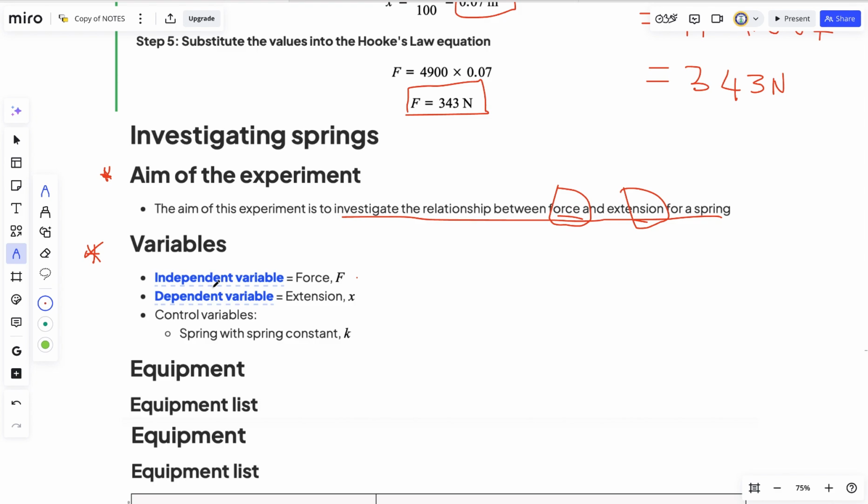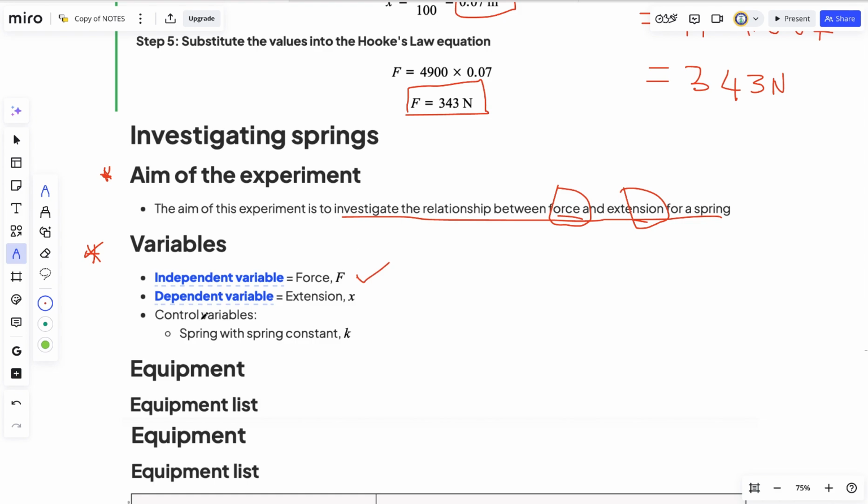We are adding mass to the spring. Every time you add 2 Newton, the spring extension will increase. You add another 4 Newton, extension will increase more. So you are changing the force, but the force is not depending on extension. Extension is depending on the force. You get it? So the independent is the force. You must take this in the exam in paper 6.